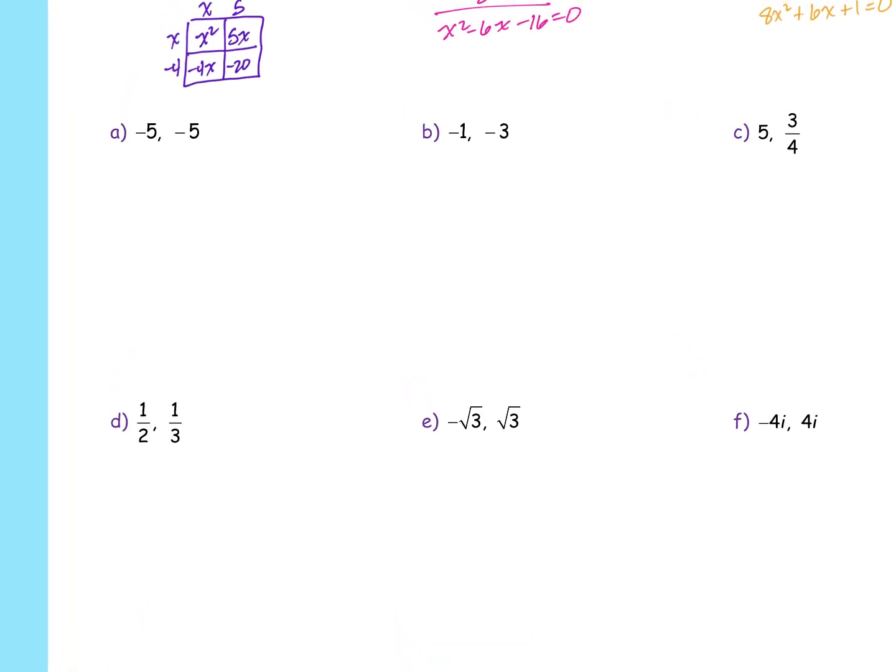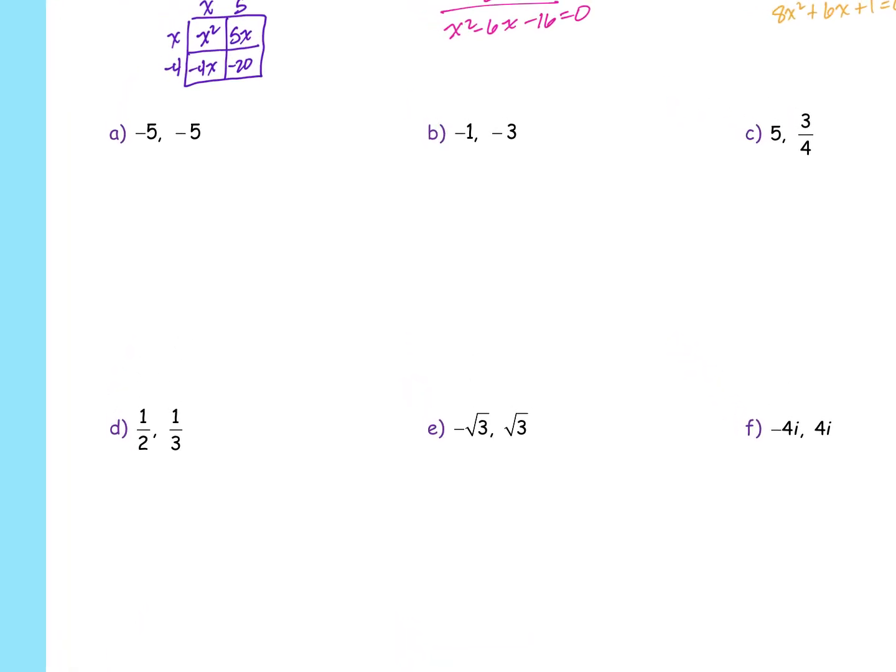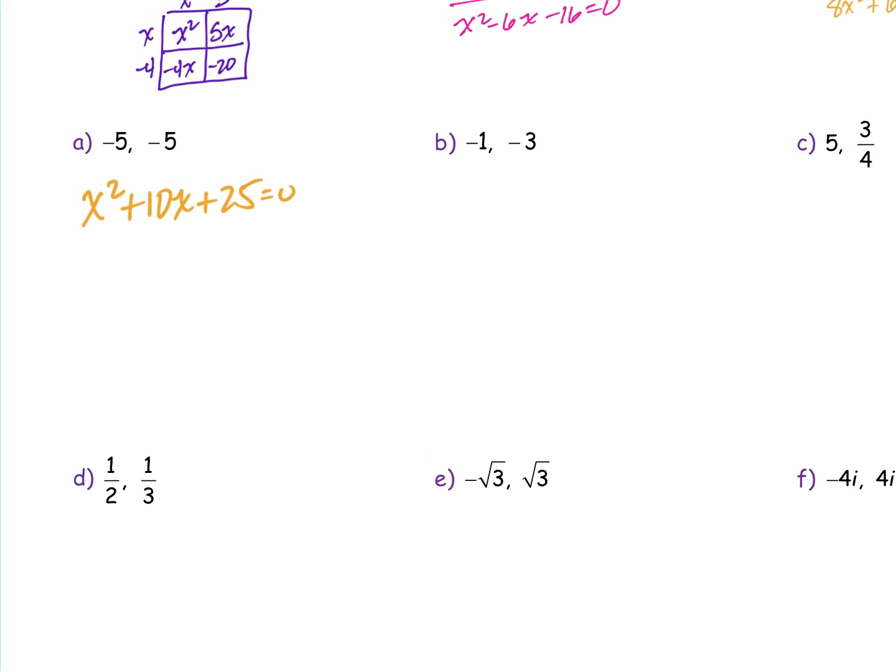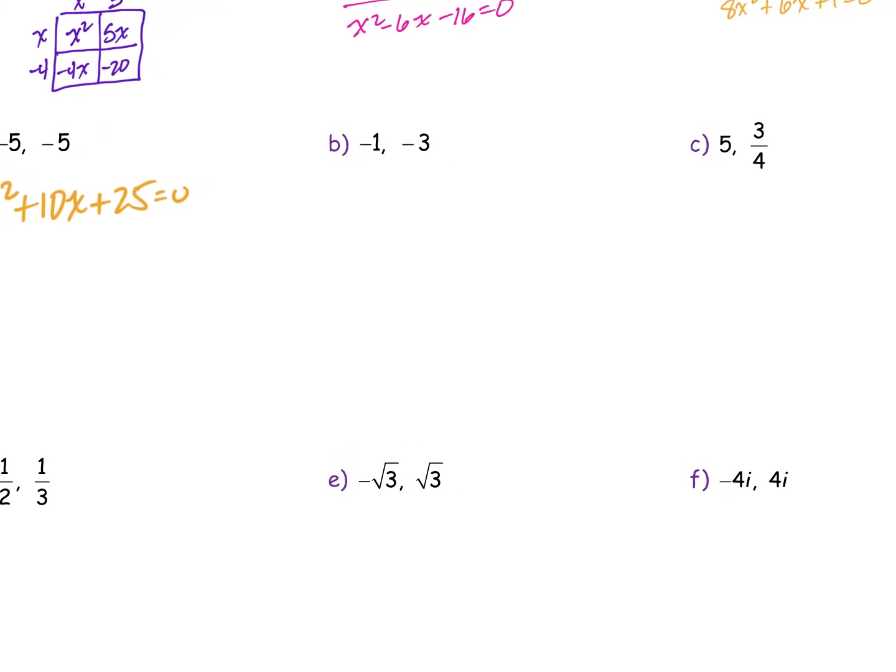You're killing me. Okay, A, what did I get for A? Oh, I got x squared plus 10x plus 25 equals 0. I guess I should put that. And then for B, I got x squared plus 4x plus 3 equals 0.